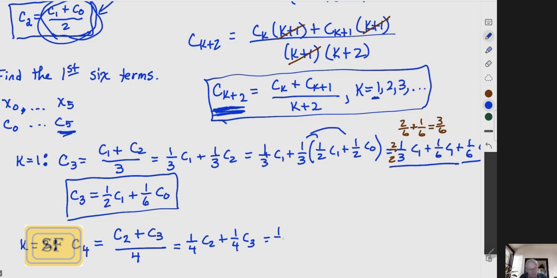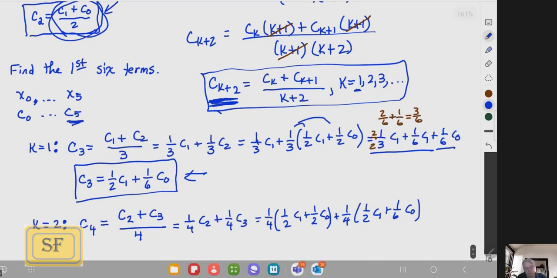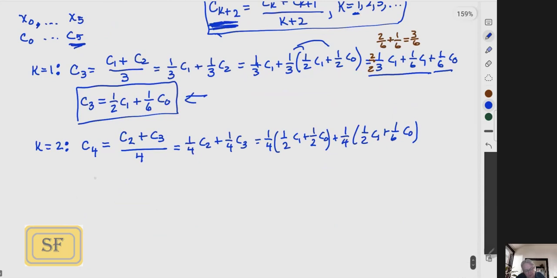That's 1/4 times (1/2 C1 plus 1/2 C0) plus 1/4 times C3, which is defined here, as 1/2 C1 plus 1/6 C0.